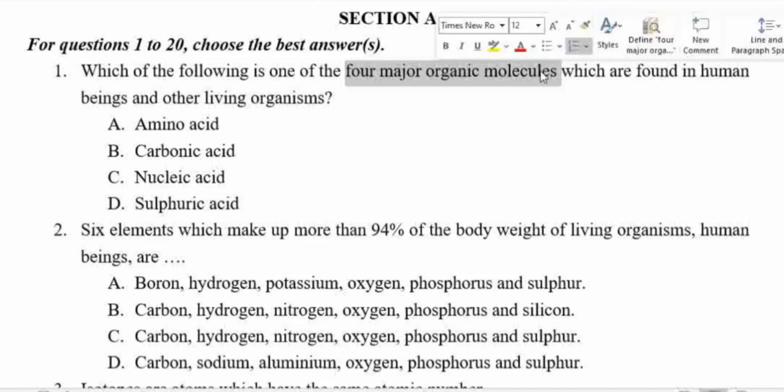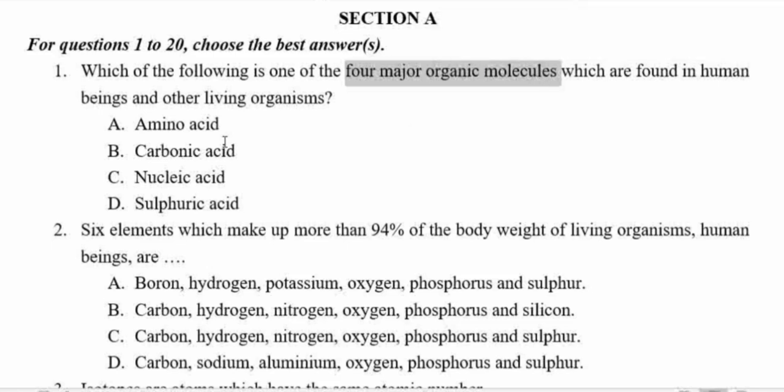So to be able to answer this question, you should know the 4 major organic molecules. What are they? The 4 major organic molecules are carbohydrates, lipids, nucleic acids, and proteins. Carbohydrates, lipids, nucleic acids, and proteins.